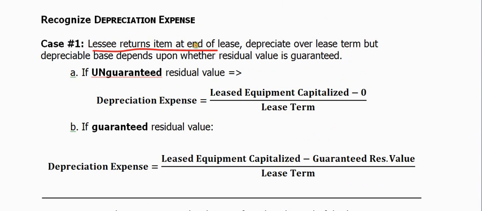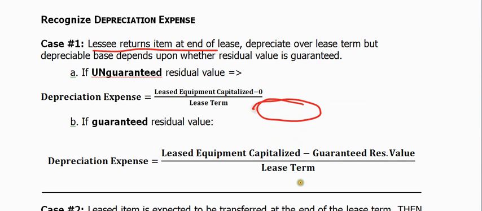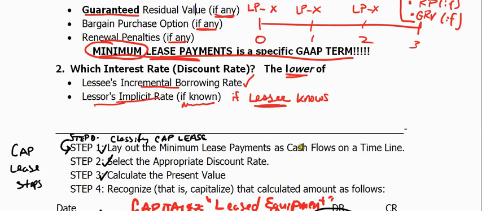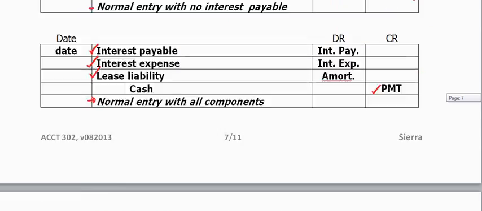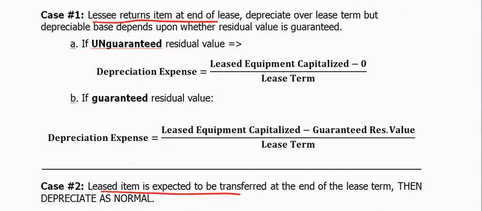If the item is going to be returned at the end of the lease, the main thing is you're going to depreciate over the lease term. Okay? You're going to depreciate over the lease term. But under case 1, we have unguaranteed and guaranteed residual value.